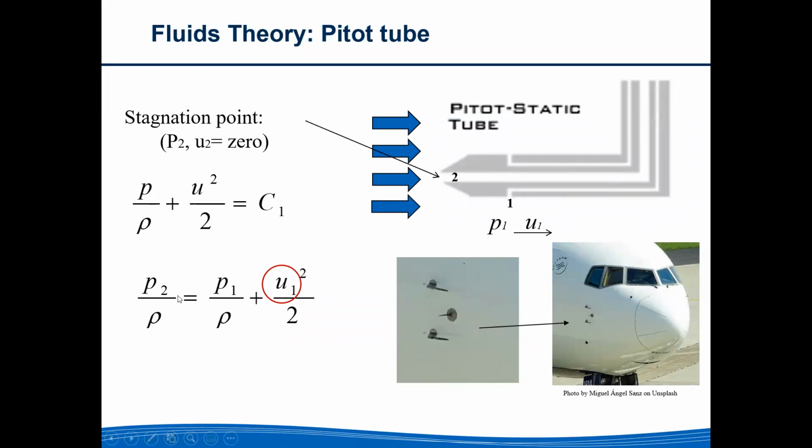At point 1, instead, there is pressure P1 and the velocity of the aeroplane U1. We can measure P2 and P1 using two manometers. By the difference, we can then, through this equation, determine the velocity of the aeroplane. And that's how aeroplanes determine their velocity, through mechanical instrumentation.